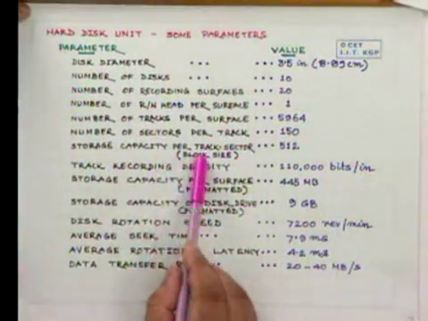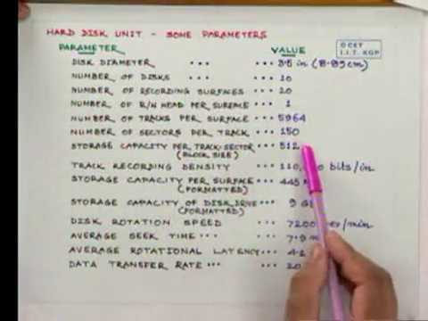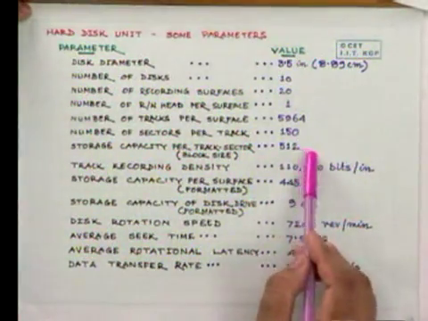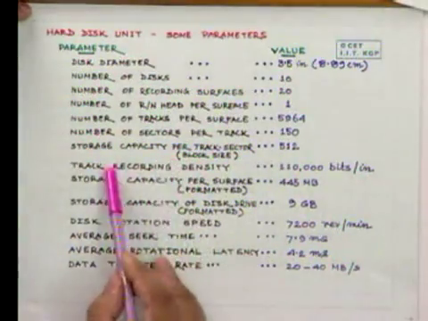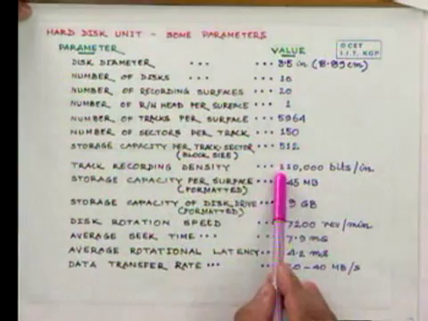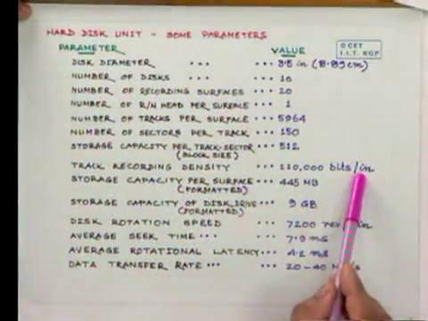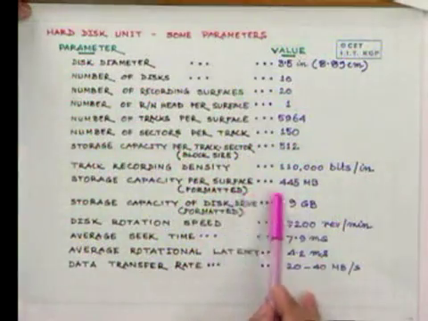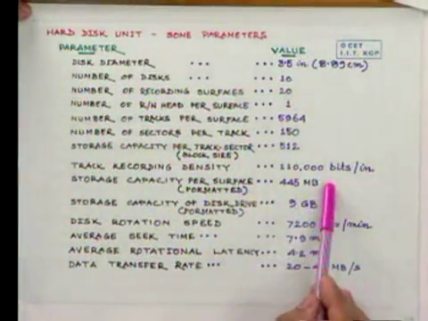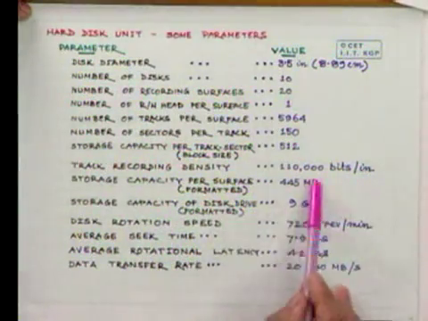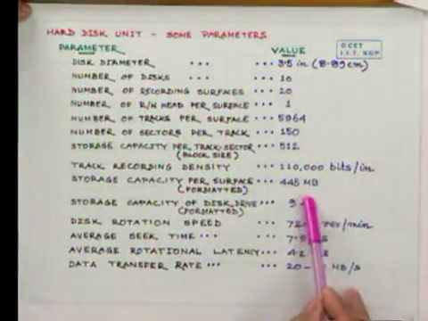Storage capacity per sector, you please mark, is 512 bytes, half a kilobyte, right? Track recording density is 110,000 bits per inch. Storage capacity per surface is 445 megabyte, and therefore you can see the storage capacity of the disk drive is around 9 GB here.